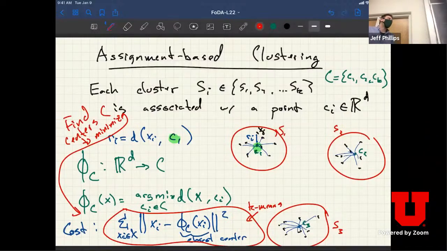And we'll see as you get K larger and larger, you can make this cost function smaller and smaller. The same way with dimensionality reduction, I can get zero error if I use the full d-dimensional space. So it suffers the same issue. If I want to minimize the error, including over the size of the subspace or the number of clusters, if I make that arbitrarily big, I can get zero error.